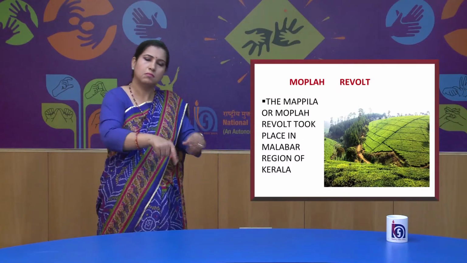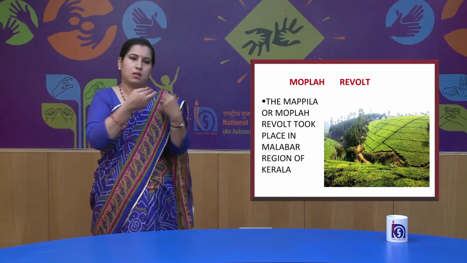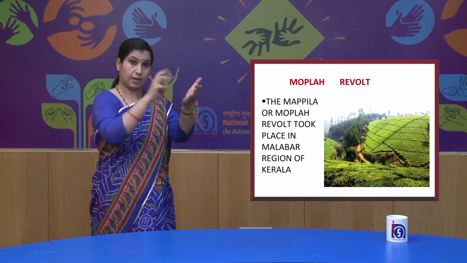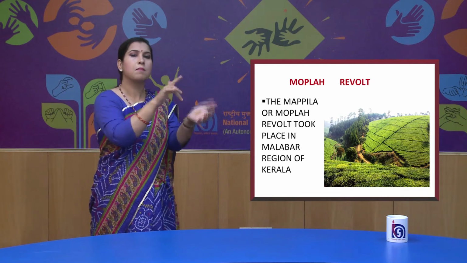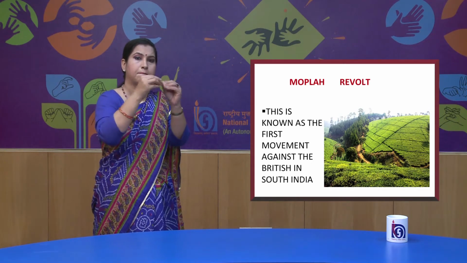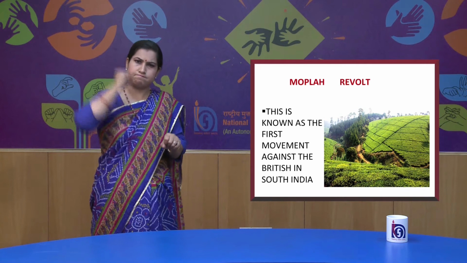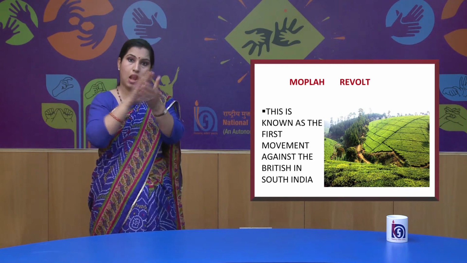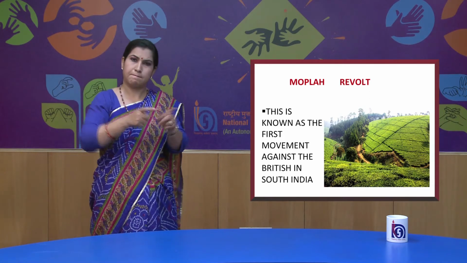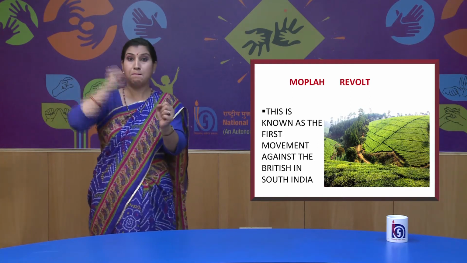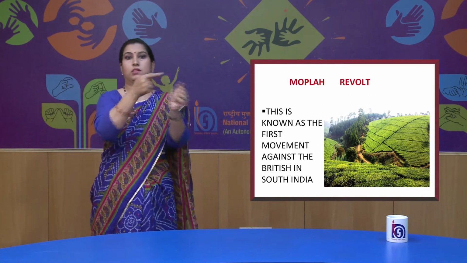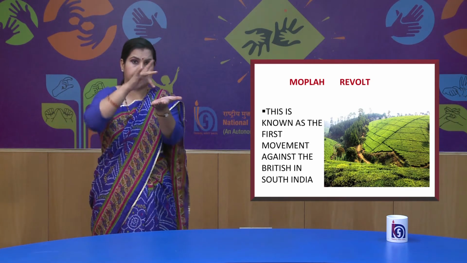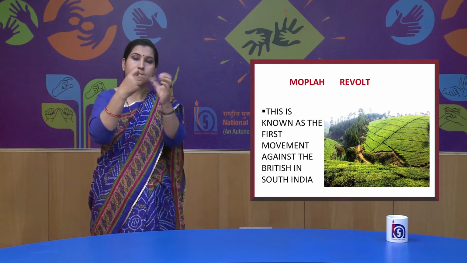Another group of people known as the Mappilas revolted in Malabar. The Mappila revolt, also known as the Moplah revolt, was an armed revolt against the British government, and it took place in the Malabar area of Kerala.